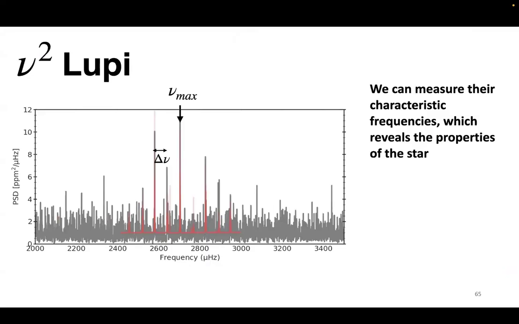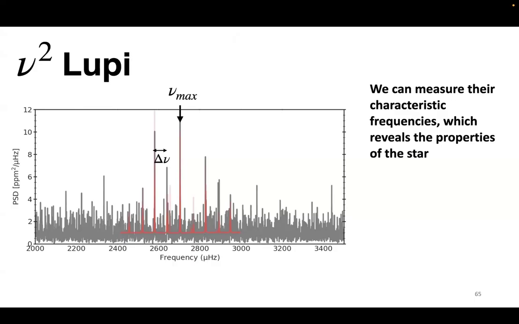If we take a Fourier transform of a section of that light curve in the time domain and put it in the frequency domain, we can actually see these beautiful peaks that tell us about the timescales and therefore the frequencies of these particular oscillations that are probing the interior of the star. And you can see that this is kind of following a Gaussian shape. Now, Mu-2 Lupi is not the best signal-to-noise example of asteroseismology, but I wanted to show you the data that I actually worked on.